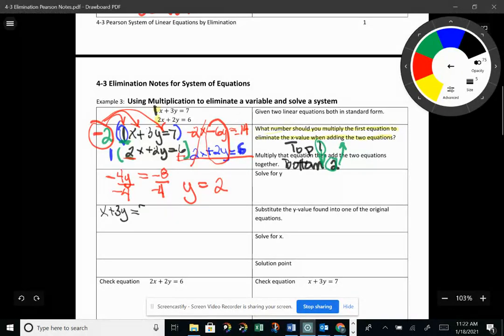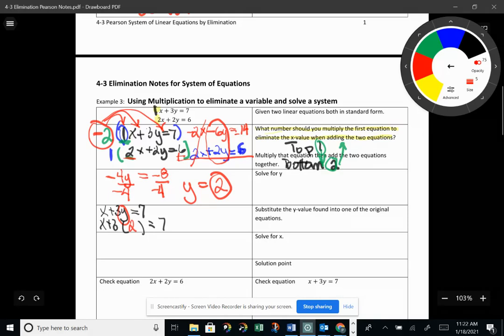So I'm going to have x plus 3y is equal to 7. And now we're going to take that 2 and substitute it in. So I'm going to have x plus 3 times, and then equals 7. And now I'm going to substitute in that 2 for y. So I've got x plus 3 times 2. 3 times 2 is 6, and then this equals 7.